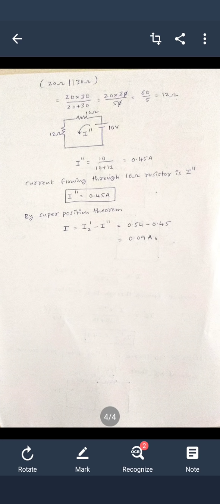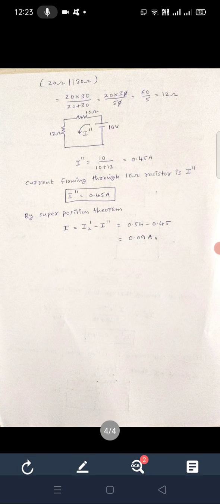If the remaining source is a voltage source, it is replaced by a short circuit. If the remaining source is a current source, it is replaced by an open circuit. In this way you calculate the current flowing through any branch.